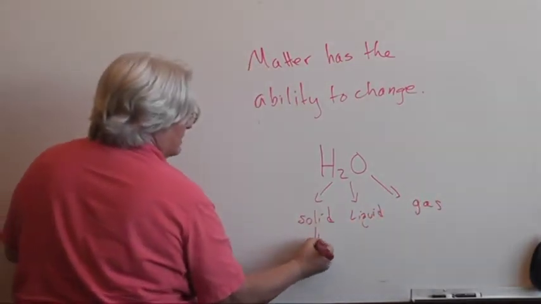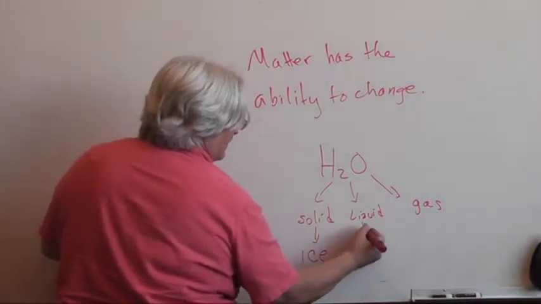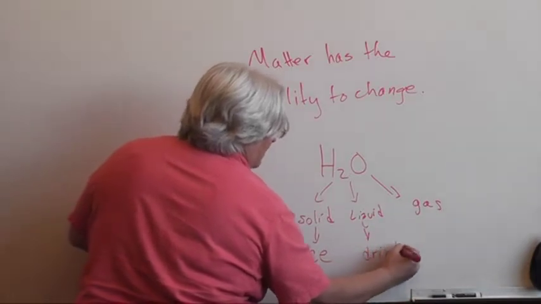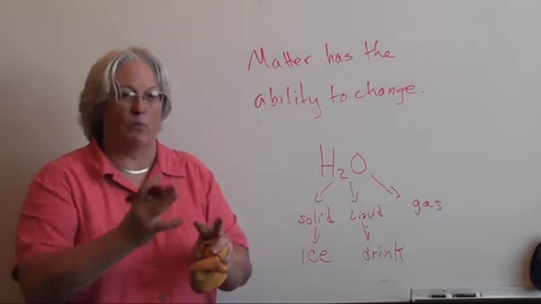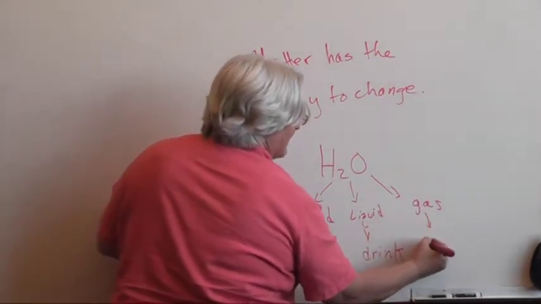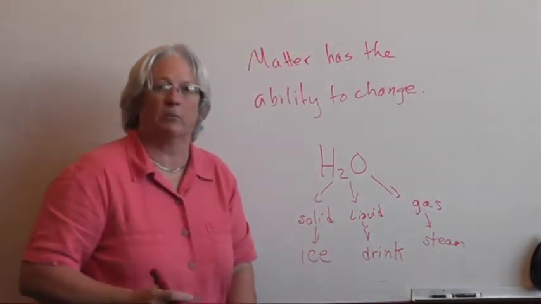When it's a solid, it's ice. When it's a liquid, it's a drink, I'll put drink here. And when it's a gas, it's water vapor. I'll put down steam, and that's probably not the technically correct term.